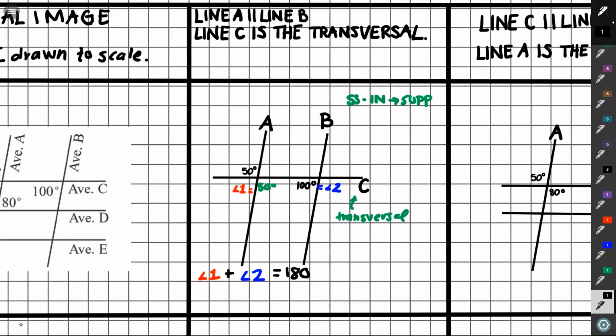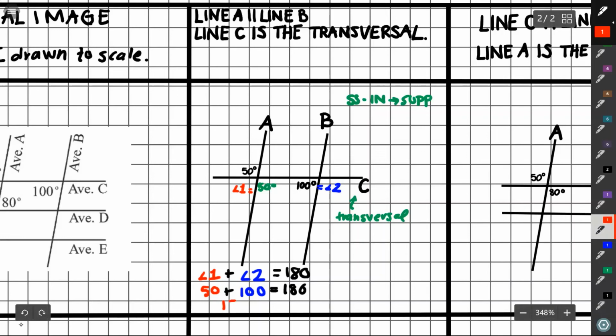So I have 50 plus 100 equals 180? 50 plus 100 doesn't give me 180, it gives me 150.